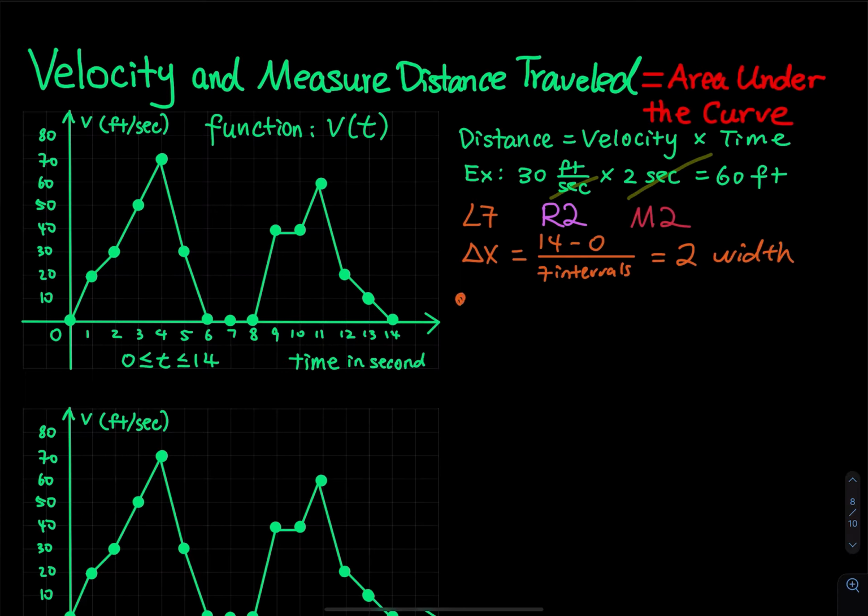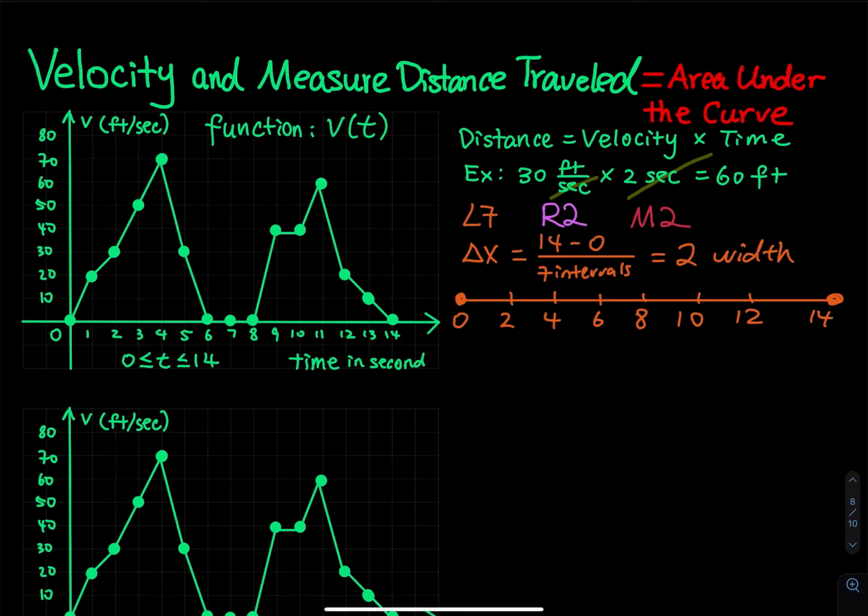It starts at 0, plus 2, plus 2, plus 2, plus 2, plus 2, right? Look how easy it is. And then plus 2, we stop at 14, each interval is 2 units long, and you make sure you have 7 intervals. So 1, 2, 3, 4, 5, 6, and 7.